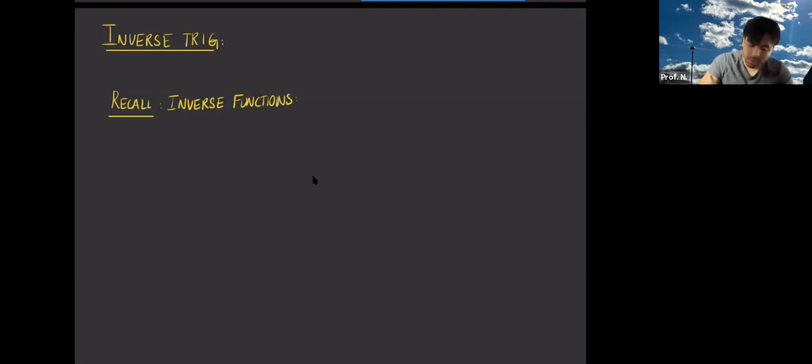And can anybody tell me what are the properties of inverse functions?